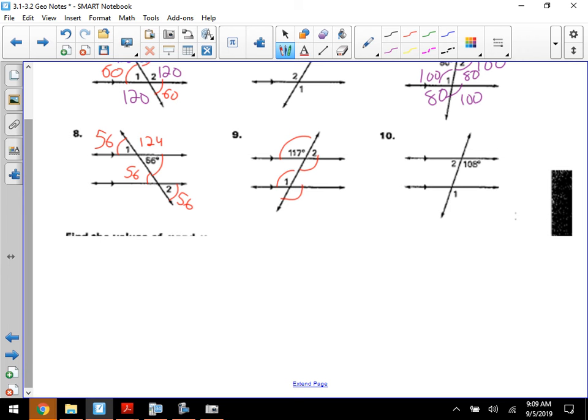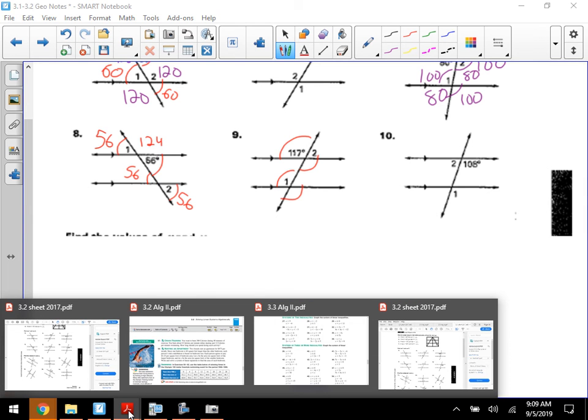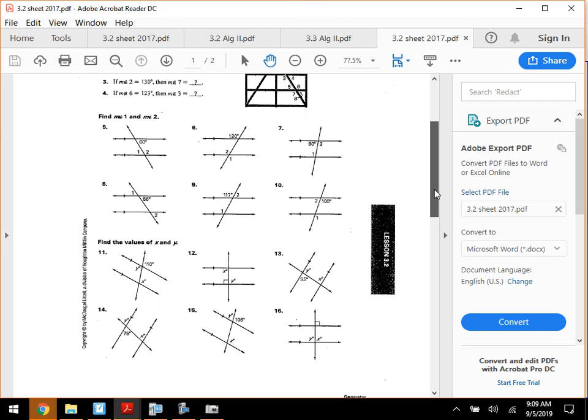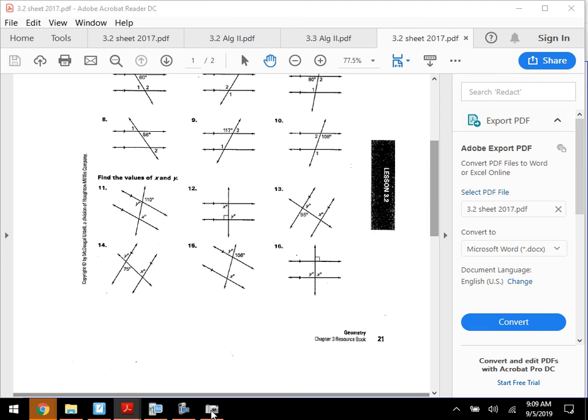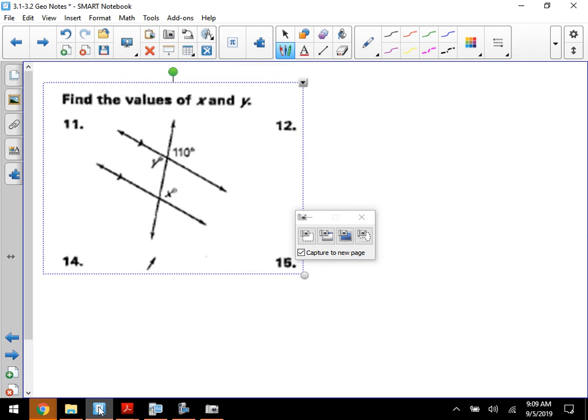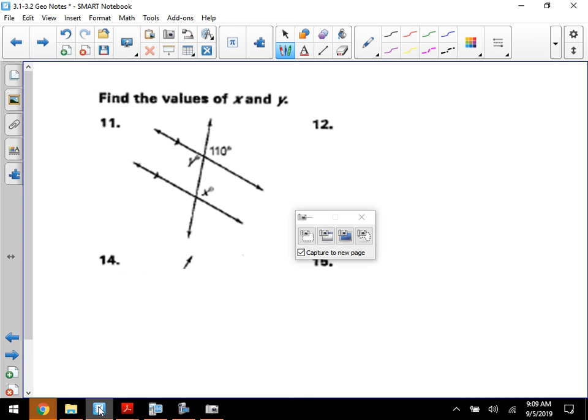Now, I want to show you what happens when the diagrams move a little bit. Take a look at number 11 on your sheet. The diagram isn't straight across like we've been working with, is it?